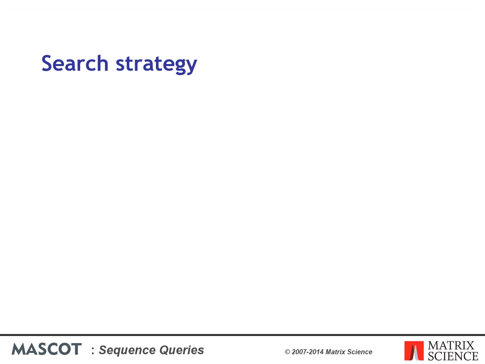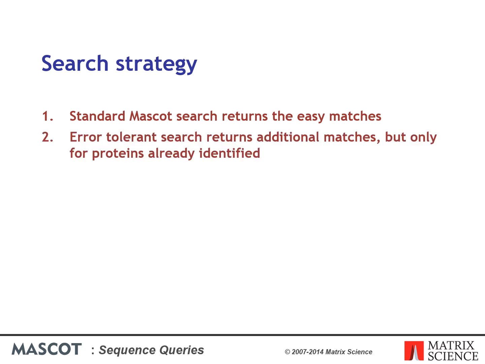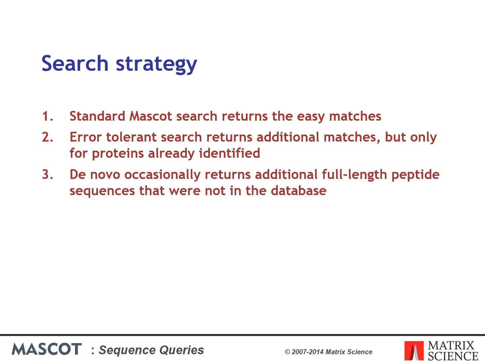If you want to get as many identifications as possible, as efficiently as possible, you might come up with a strategy similar to this. A standard Mascot search returns the easy matches. Error-tolerant search returns additional matches, but only for proteins already identified. De novo occasionally returns additional full-length peptide sequences that were not in the database.